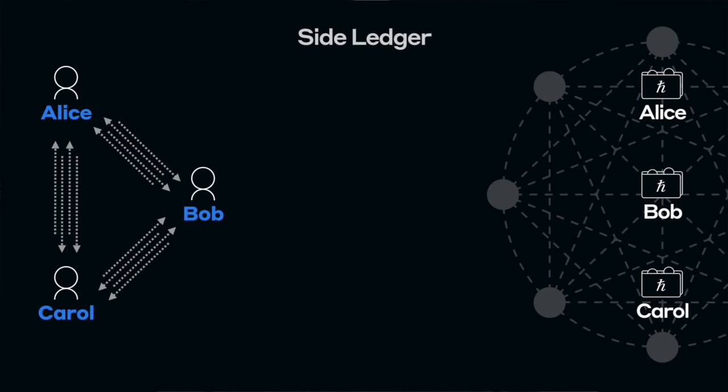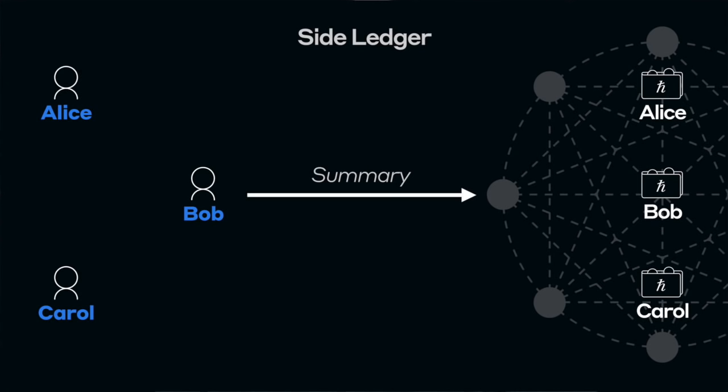And they're doing transfers back and forth to each other, not touching the single source of truth, which still belongs to the main ledger. They're just talking to each other, and then periodically they'll send a summary over to the main ledger. So you can imagine Alice and Bob sending their tokens back and forth to each other for a long time, and then at the very end, they both agree, okay, the net result is Alice gave 1 coin to Bob.